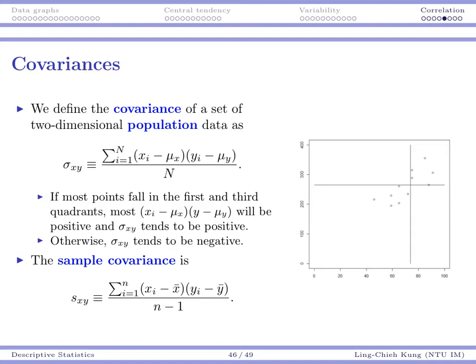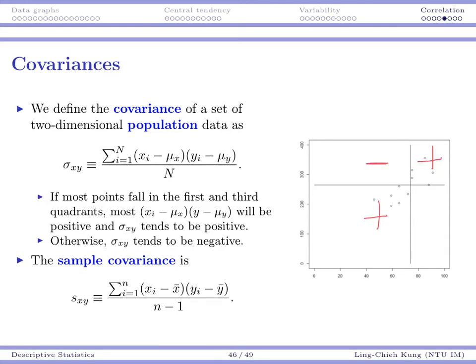On the other hand, if I have some points here or here, for example in the second quadrant, then x will be smaller than mu x, but y is greater than mu y. So this product will be negative. Similarly, if I have a point here, then the first term is positive, but the second term is negative. So whenever I have points in the first or third quadrant, I get a positive term in the summation.